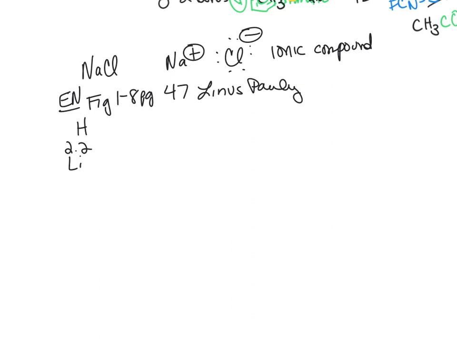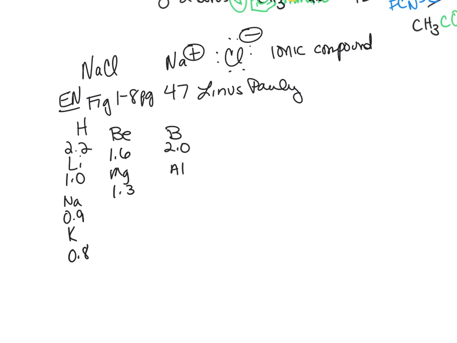Hydrogen has a 2.2, lithium a 1, sodium a 0.9, potassium 0.8. You do not need to memorize these. I'm just putting them here for our discussion today. These are the elements that you typically will see in organic chemistry, and that is why the whole periodic table is not here.